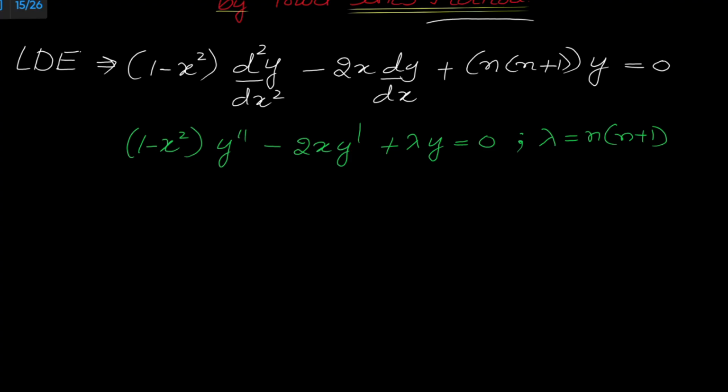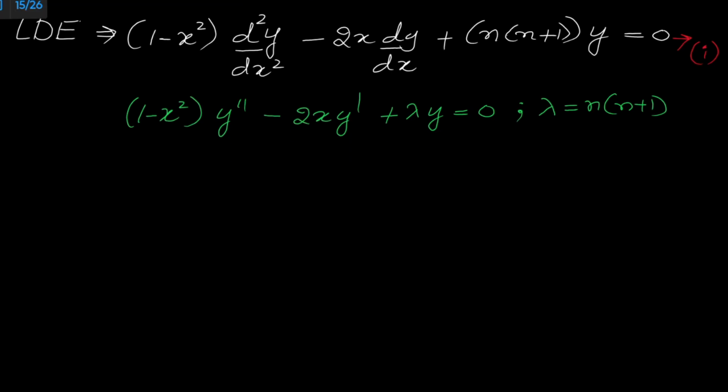Alright, so let us consider this equation as equation 1. Now we are considering the Legendre differential equation and solving it to get the solution of this Legendre differential equation.